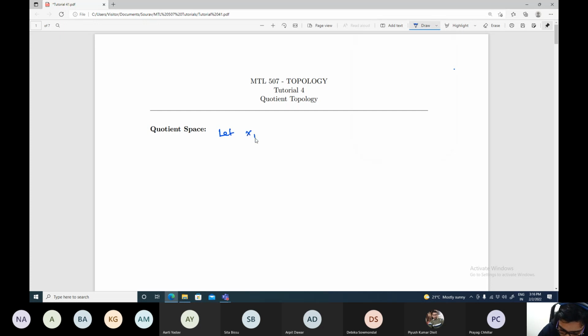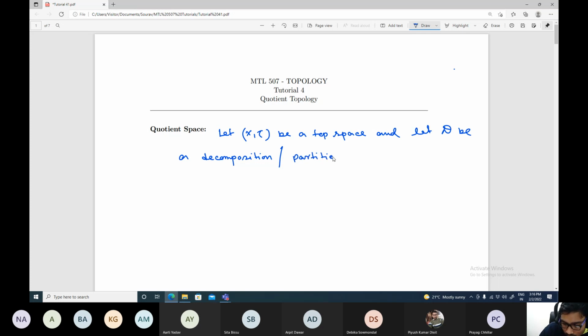Let (X, tau) be a topological space, and let script F be a decomposition, or you can say a partition, of X into subsets.